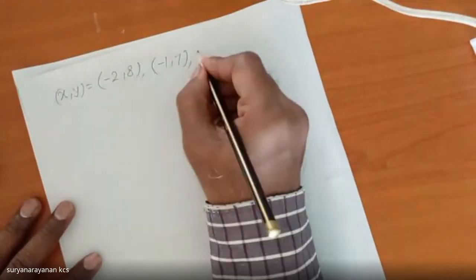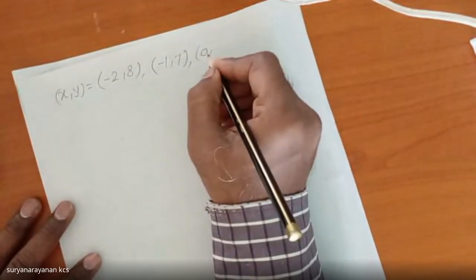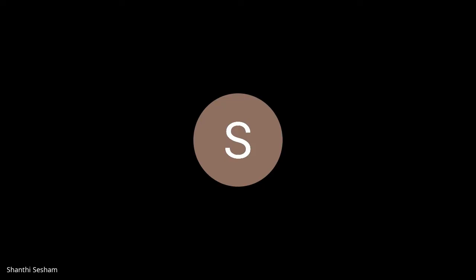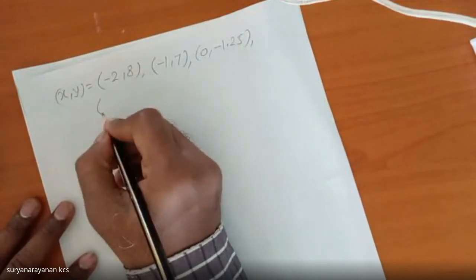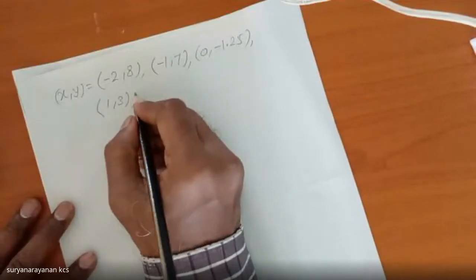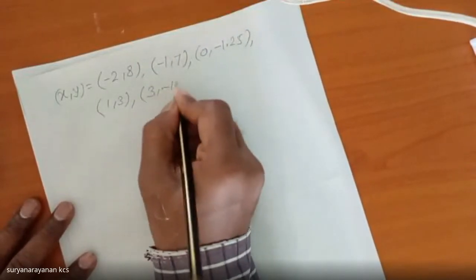What is the third ordered pair? 0, -1.25. What is the fourth ordered pair? 1, 3. And the fifth ordered pair is... If you observe x values, here 0, 1, 2, 3, -1, -2, like this.